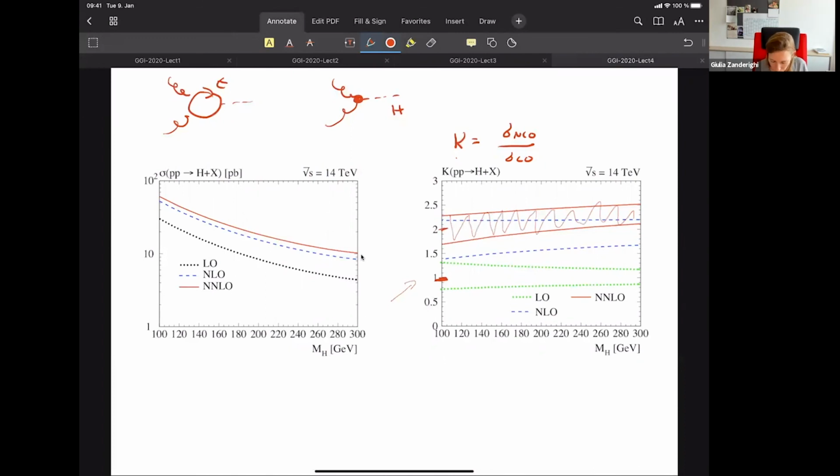So blue and red overlap, but the red band is not completely inside the blue band. There is still a kind of large jump and so on. So even if you have next to leading order corrections, you still have relatively large uncertainties.